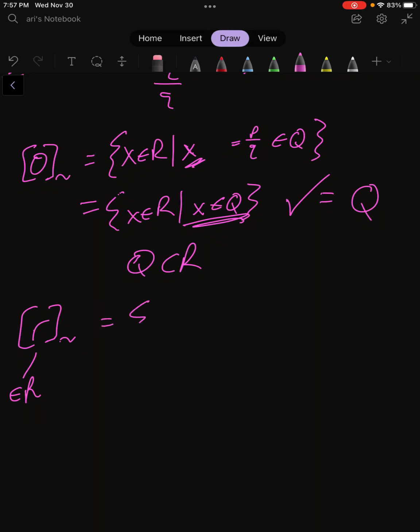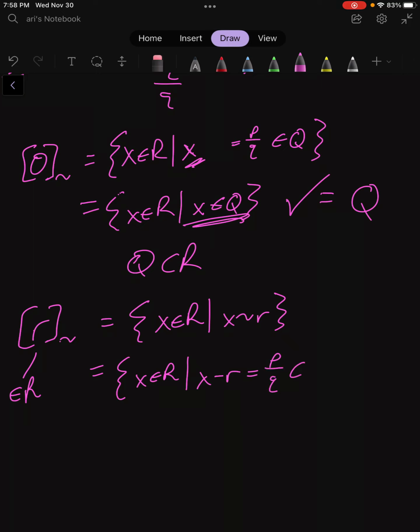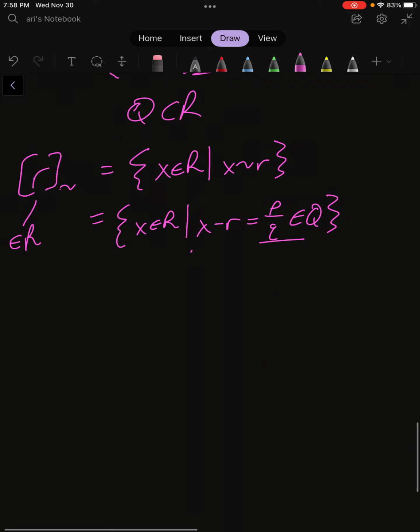So here, we're going to just follow the same guideline. x in the reals given x tilde R, which means x in the reals given x minus R equals p over q, which is in Q. I hope this notation's correct. I'm going to ask Professor Carbone if this is allowed. It is a bit of shorthand.